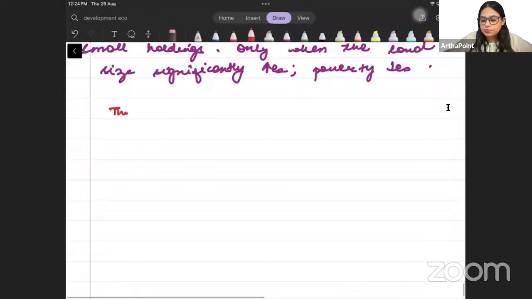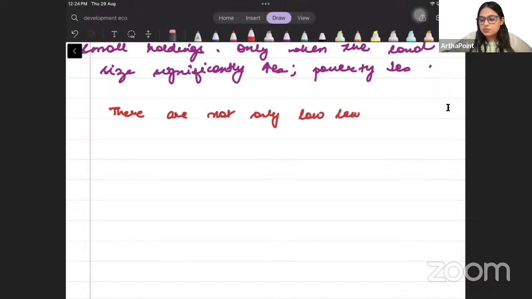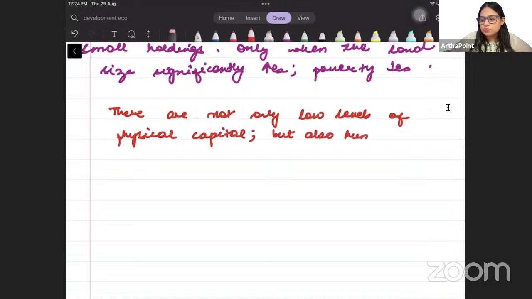So there are not only low levels of physical capital, but also human capital.